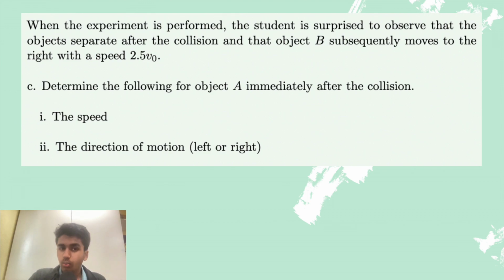Part C. When the experiment is performed, the student is surprised to observe that the objects separate after the collision and that object B subsequently moves to the right with the speed 2.5v0. So determine the following for object A immediately after the collision: the speed and the direction of motion. So again, this is a collision.